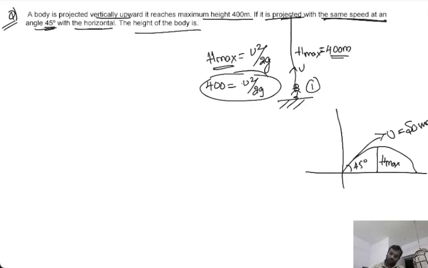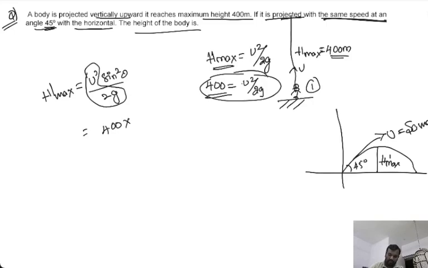Now we write h dash maximum is equal to u square sine square theta divided by 2g. Here you observe u square by 2g is 400 meters. Then 400 into sine square theta, where theta is 45 degrees.